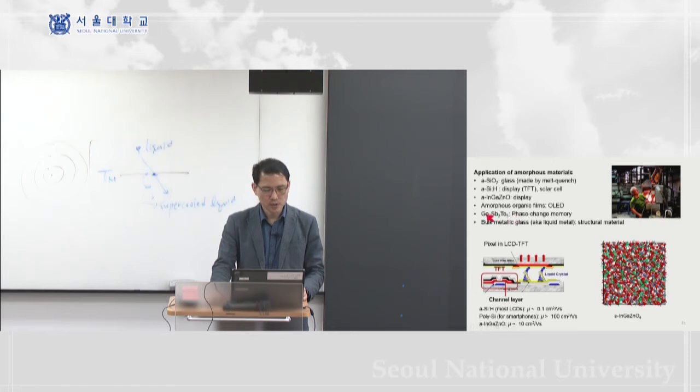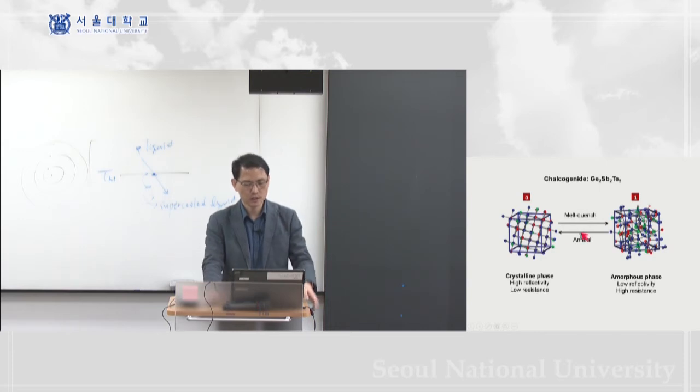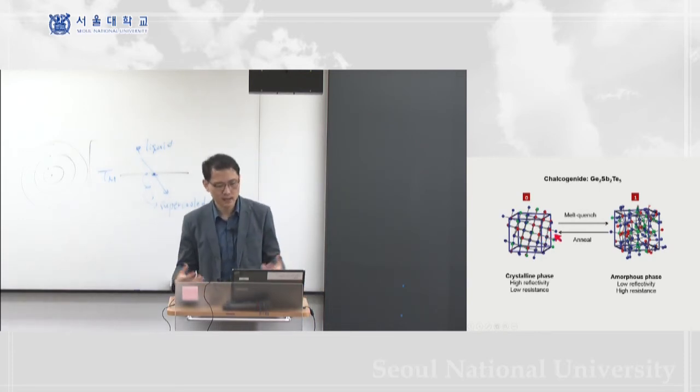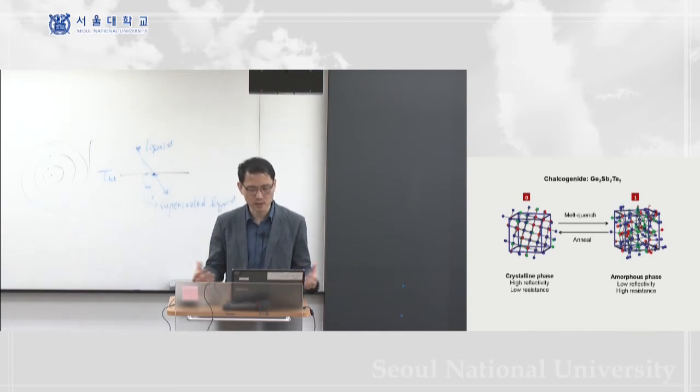This material, GST, germanium antimony telluride, Ge2Sb2Te5, is now used as a phase change material, which exploits the physical properties of the crystalline and amorphous phases that are quite different.